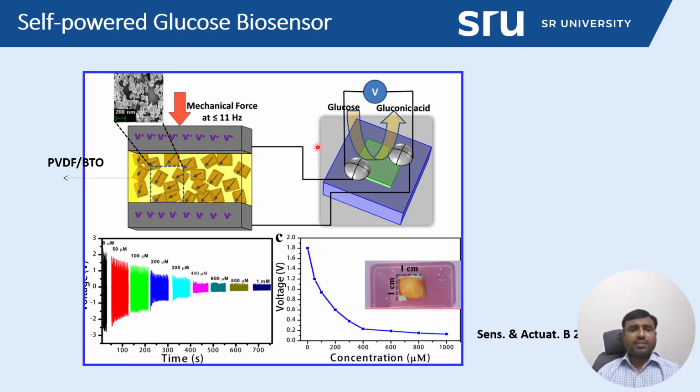The glucose oxidase enzyme reacts specifically with the glucose and converts it into gluconic acid. While converting glucose to gluconic acid, it produces hydrogen peroxide. The hydrogen peroxide we can easily detect by an electrochemical approach.